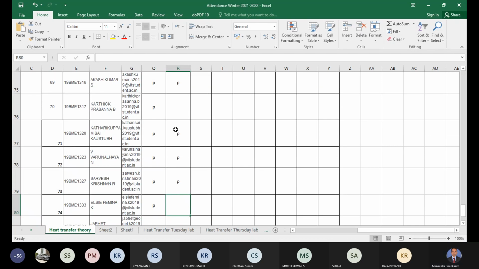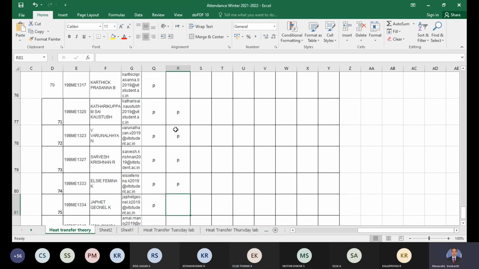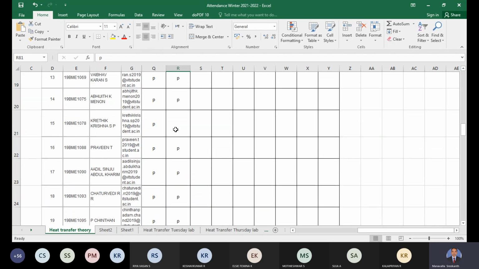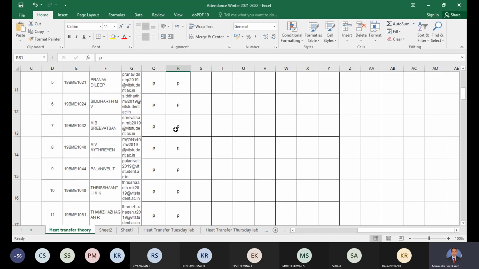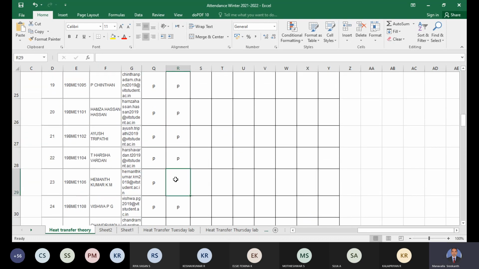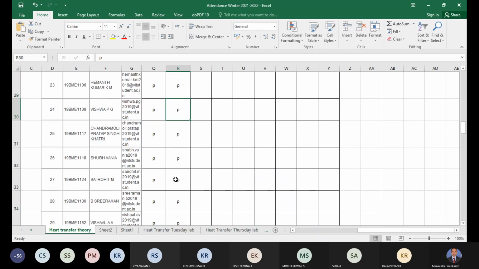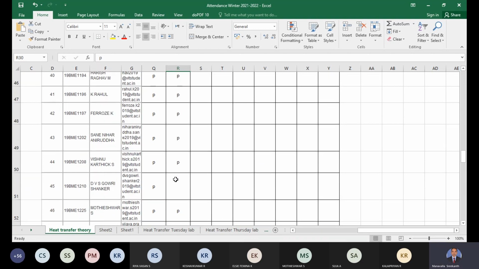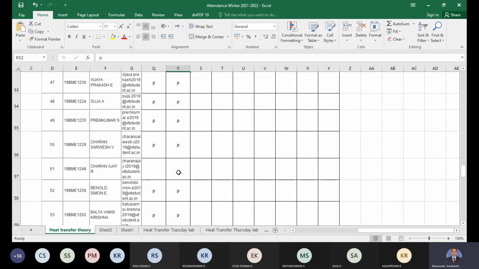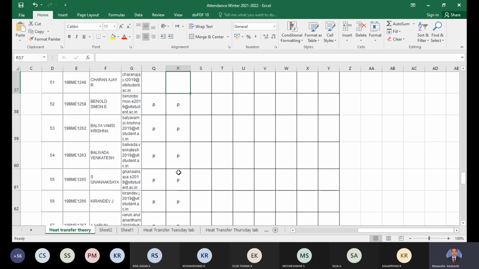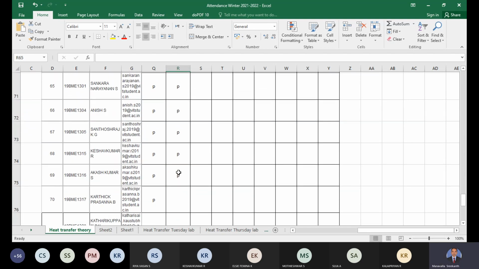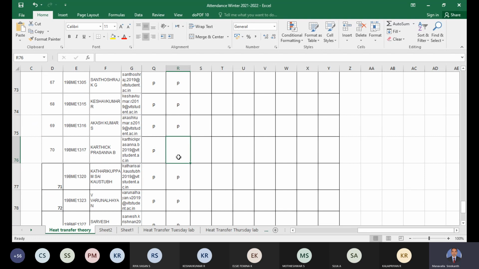Now all the absentees. Hemant Kumar, present, sir. Gauri Shankar, present, sir. Karthik Prasanna, present, sir.